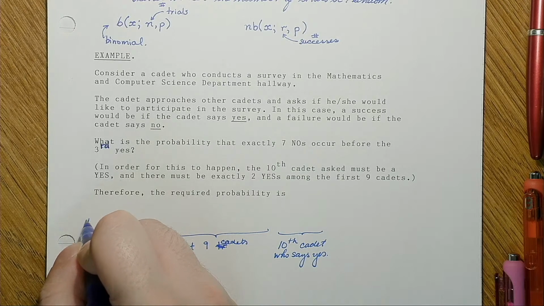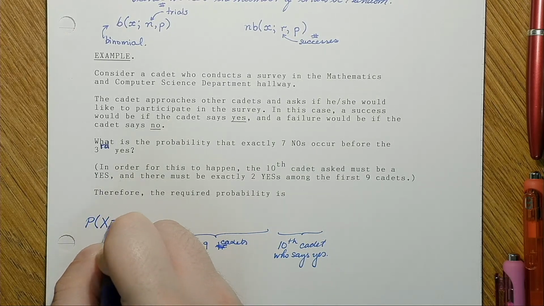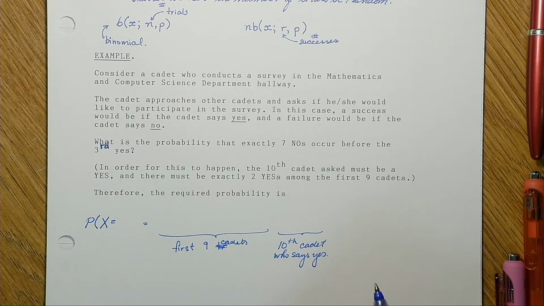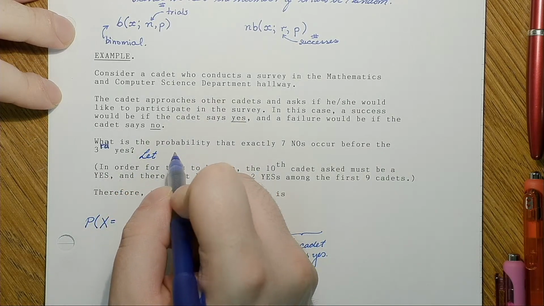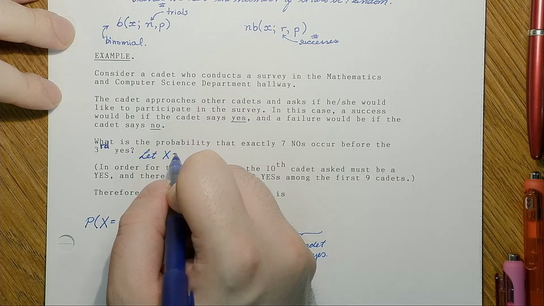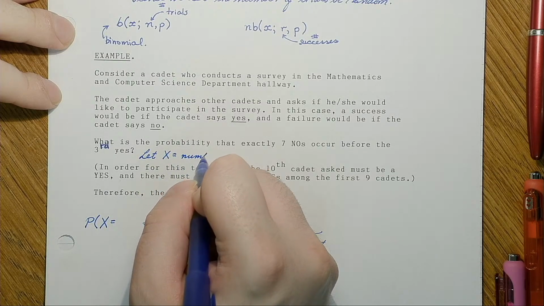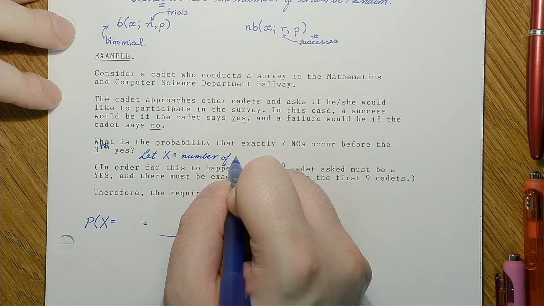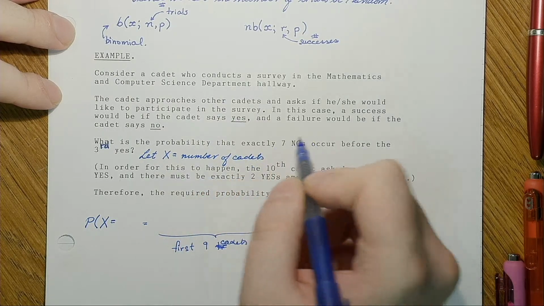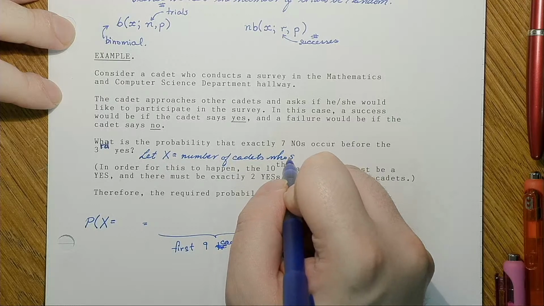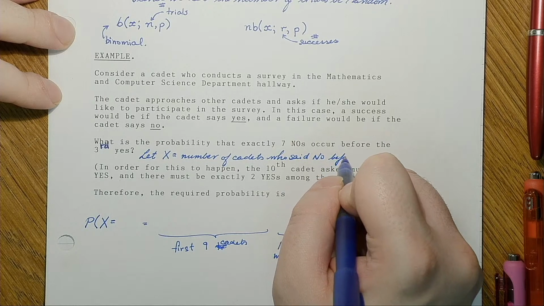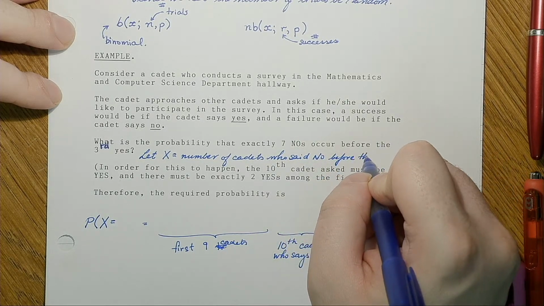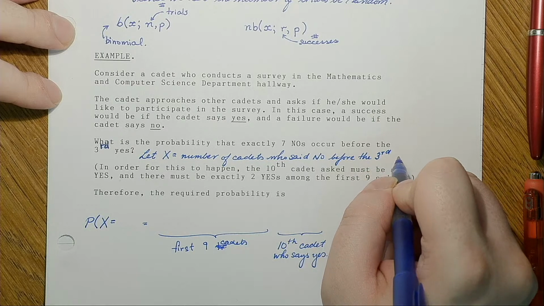So what is the probability that exactly 7 no's occur before the third yes? What we're looking for here, well, we should define our random variable x. So we should say, let x be the number of cadets who said no before the third yes.